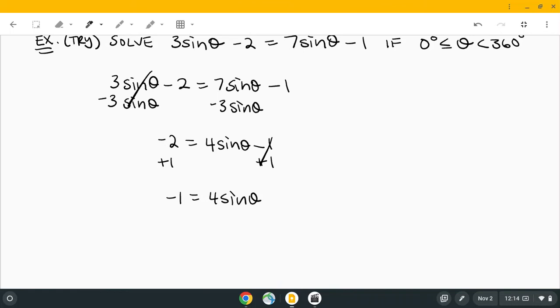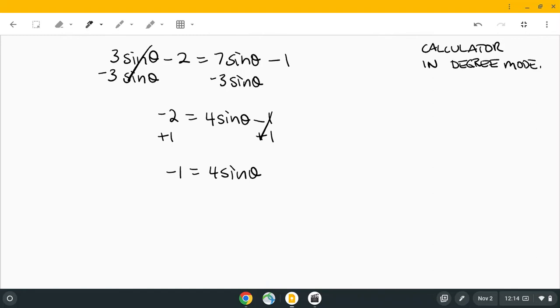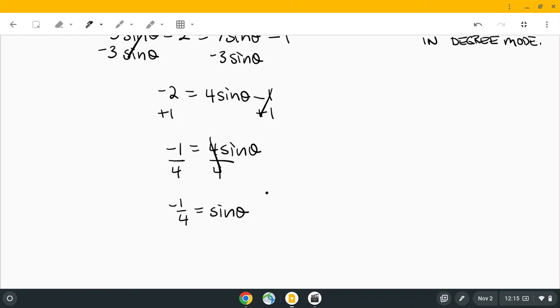And again, this part right here means the calculator should be in degree mode. Okay. 4 sine theta, negative 1. Okay, so divide both sides by 4. Negative 1/4 equals sine theta. Negative 1/4 is between negative 1 and 1, so that's good.